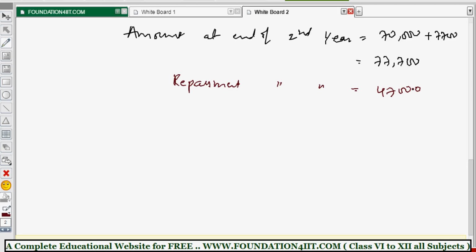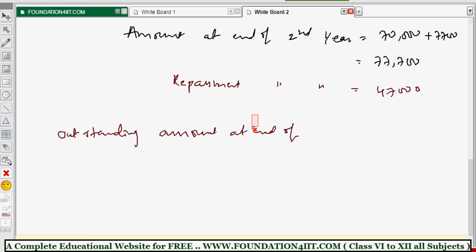When the repayment is done, then you can find out the remaining amount. So outstanding amount at the end of the second year, nothing but beginning of the third year. Okay, that means we will take the beginning of the third year.